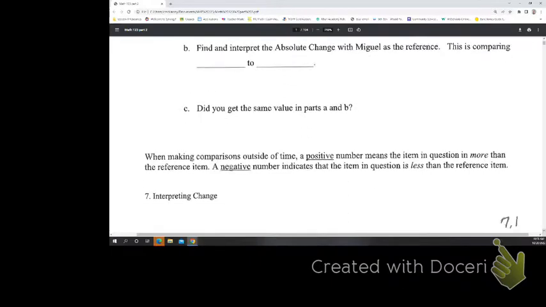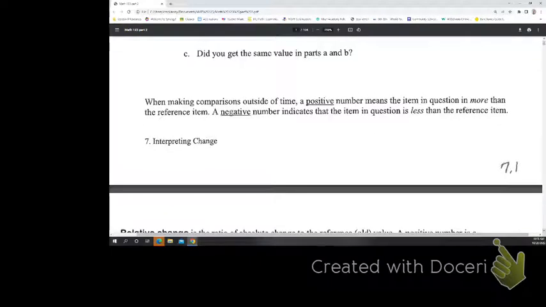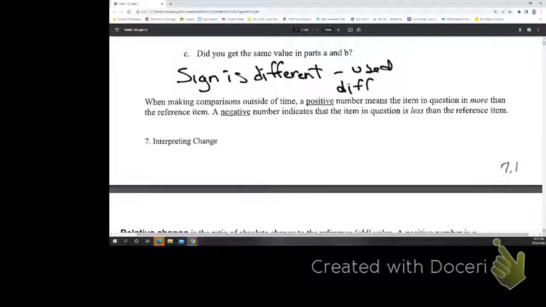So do we get the same value in parts A and B? So we can use 5, but the sign is different. And so that's why we had to use shorter and taller. So then we use different words. So we never really said -5, but we used the word shorter.